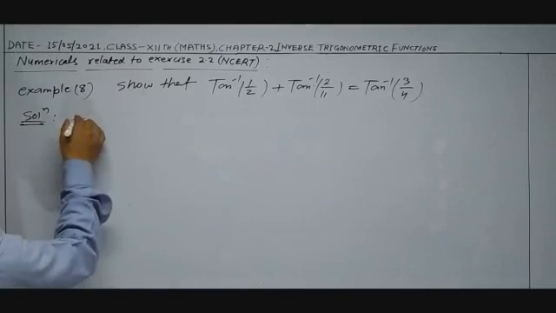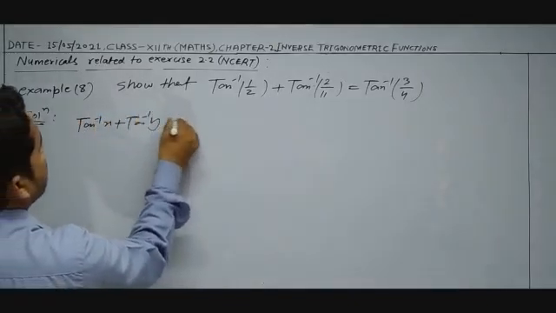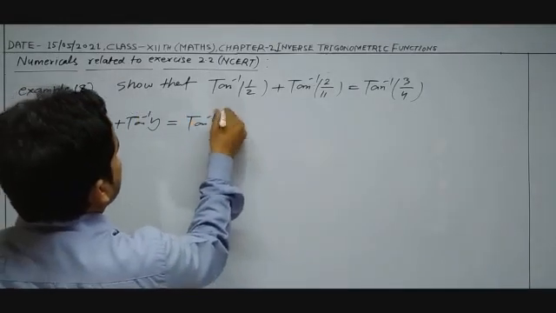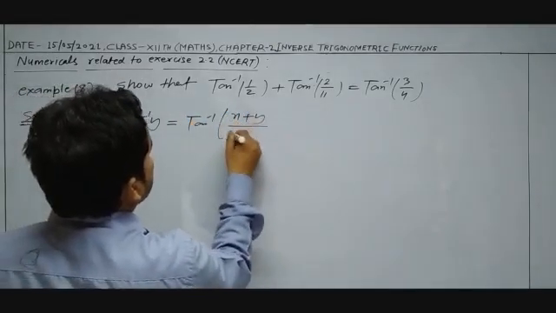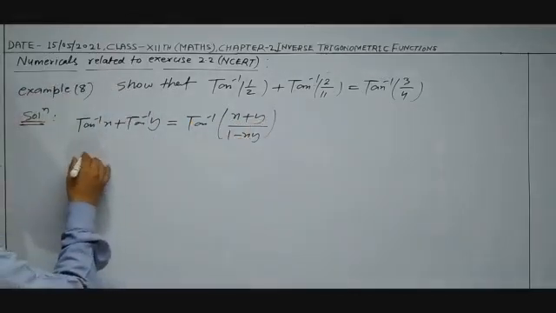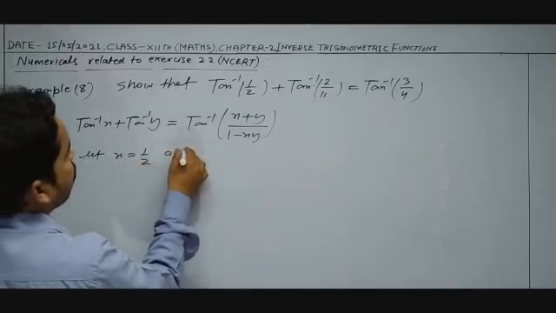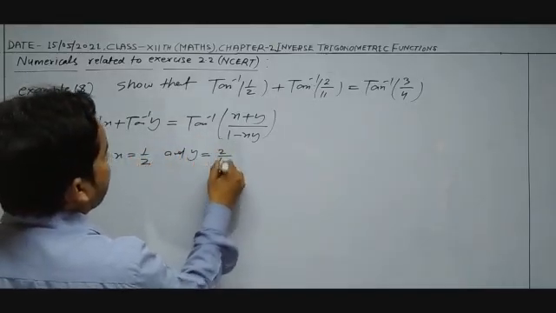Since you know the formula, tan inverse x plus tan inverse y is equal to tan inverse of x plus y whole upon 1 minus x into y, at the place let x is equal to 1 by 2 and y is equal to 2 by 11.